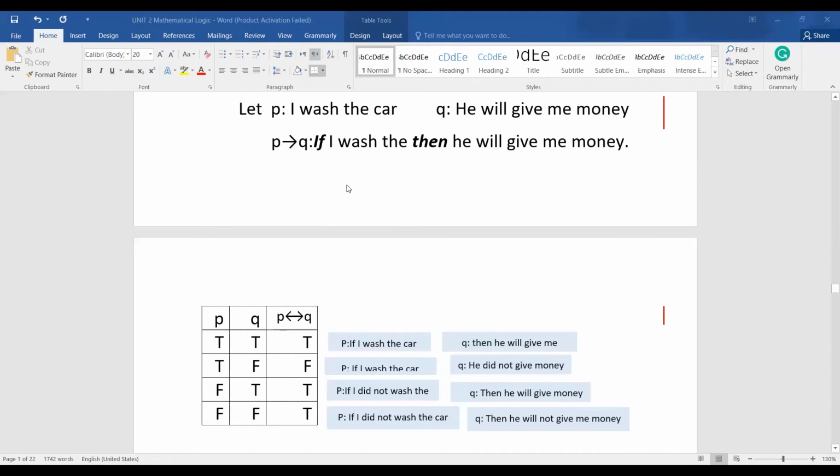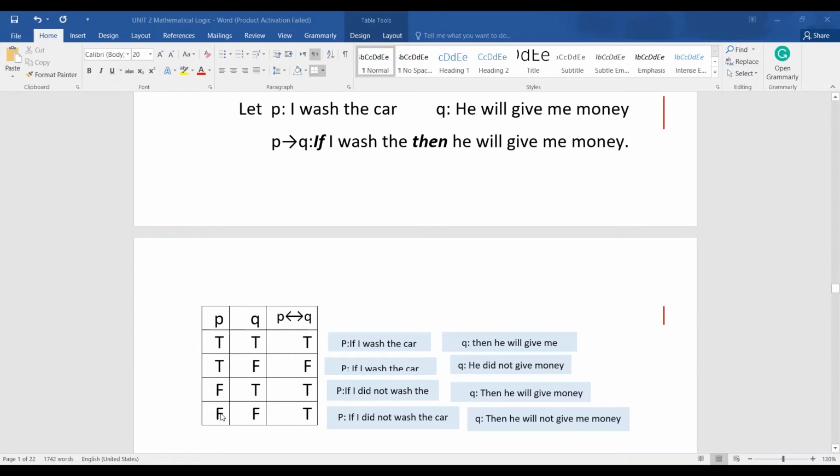I care about what comes after the word then. If then is true, the whole statement would be true. If then is false, the whole statement would be false, except for the last case. Because in the last case, if false, then false, it should be true, because if I'm saying something false and another false, it will give me a true statement.